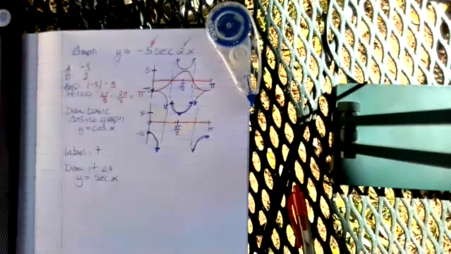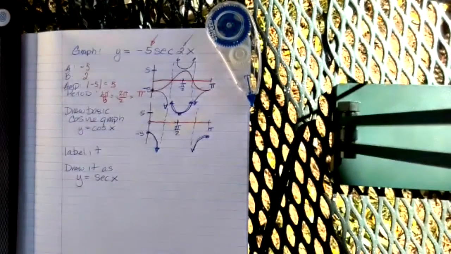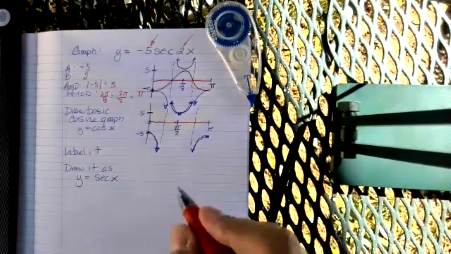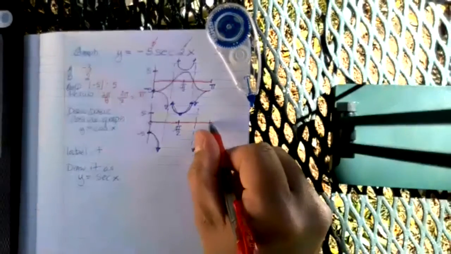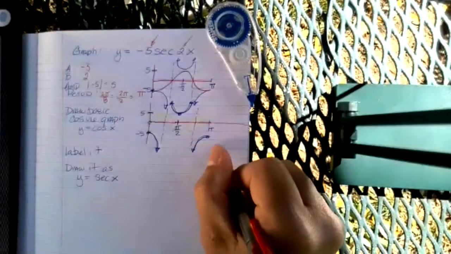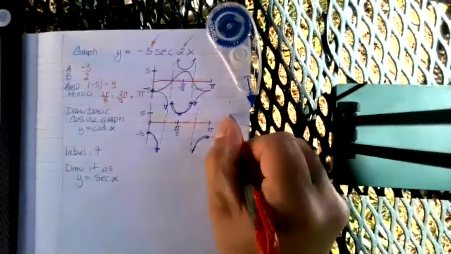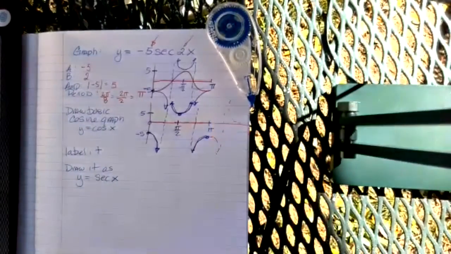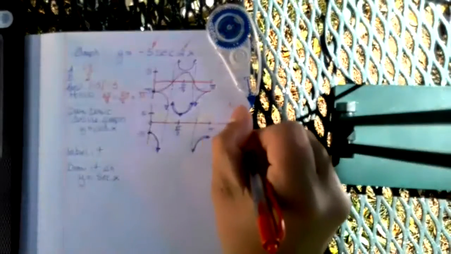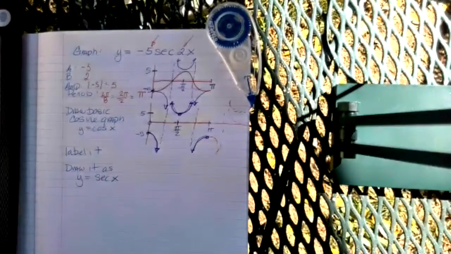And that's what my secant graph would look like, from 0 to pi. If this continued out to 2 pi, we would have more of this graph shown, but not necessary. And that's it for y equals -5 secant 2x.